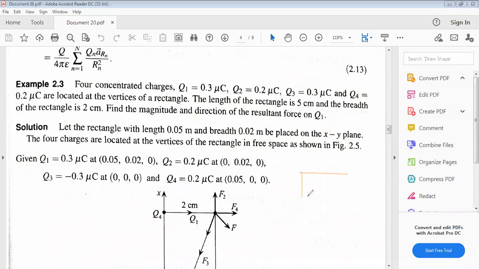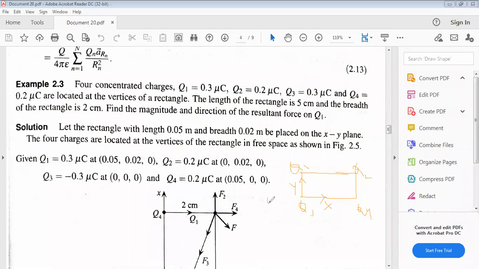See here, this is the rectangle. This is Q1, and here, this is my assumption, Q3 and Q4. Let us assume this is the X axis and this is the Y axis.